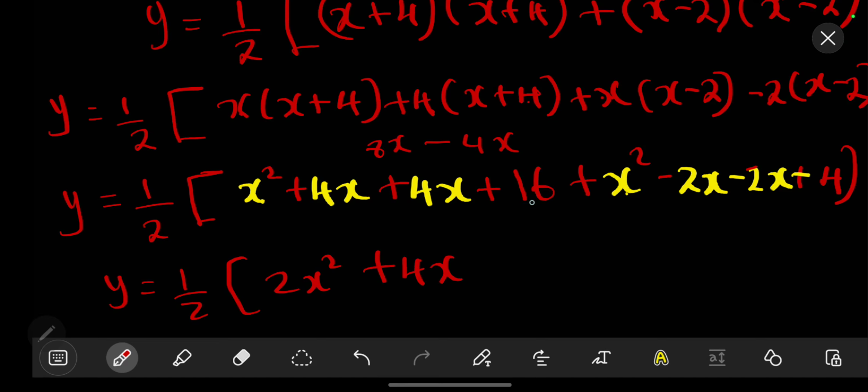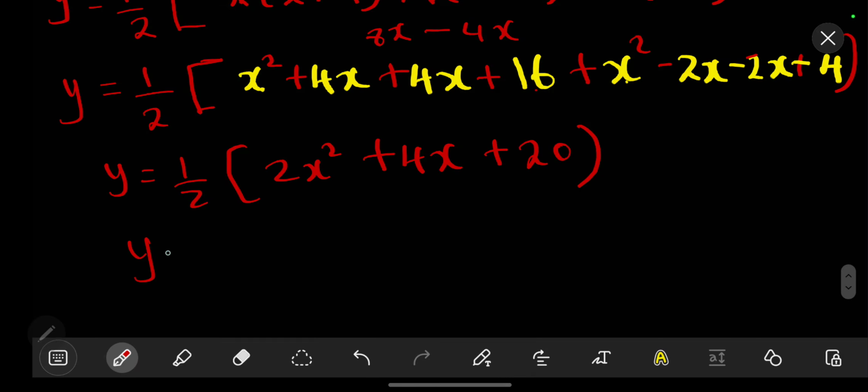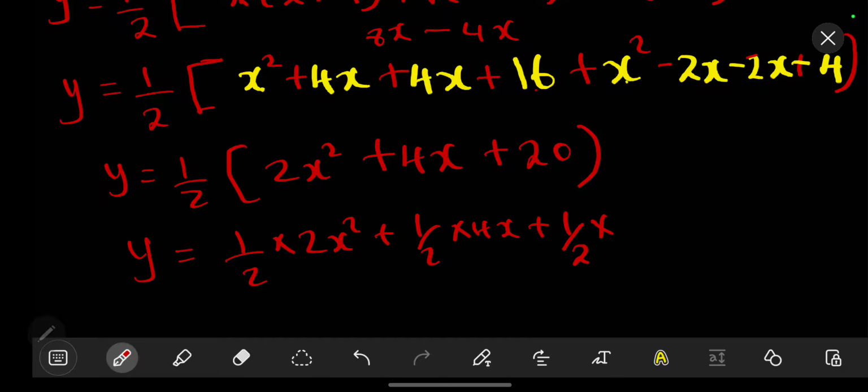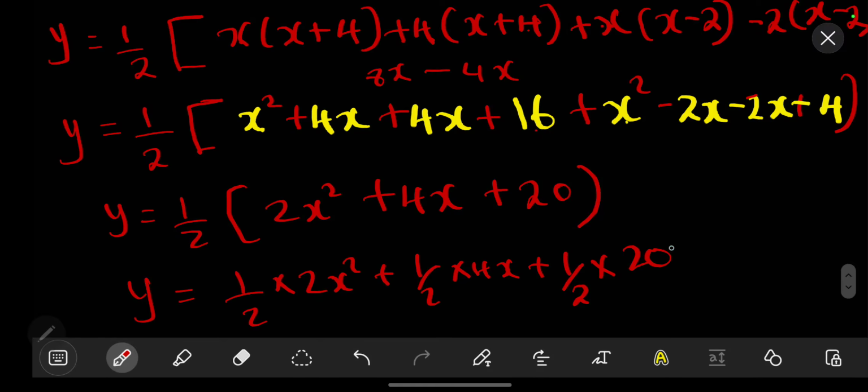Then we are going to have our 16 plus this 4. This will give us a value of 20. So we are going to say plus 20, like that. Then when we do that, y should be equal to half of, we are multiplying half throughout. So we have half times 2x squared plus half times 4x plus half times our 20, like that.